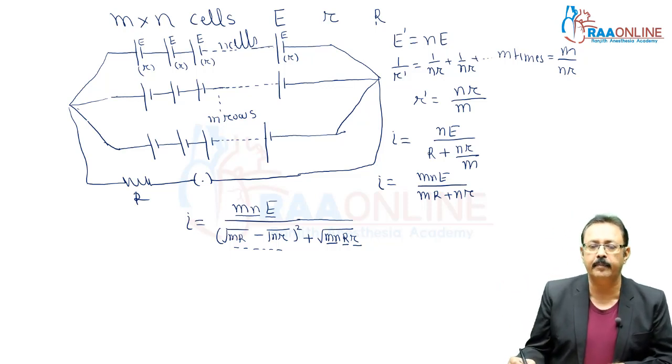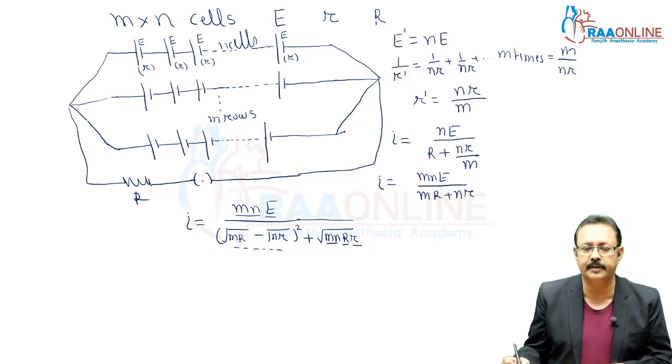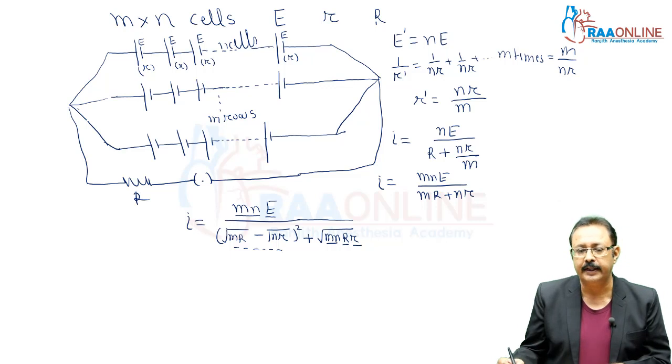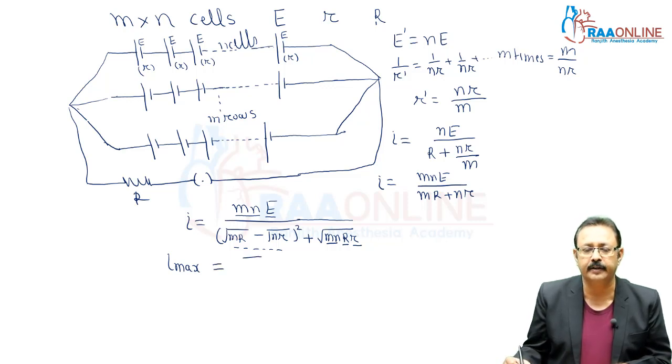So by changing m and n, we can adjust this term, but it is perfect square, cannot be negative. Its minimum value is 0. When denominator is minimum, I should be maximum. So for maximum value of I, this term should be 0. If it will become 0, you will get current root mn E by 2 root Rr. It is the maximum value of current.